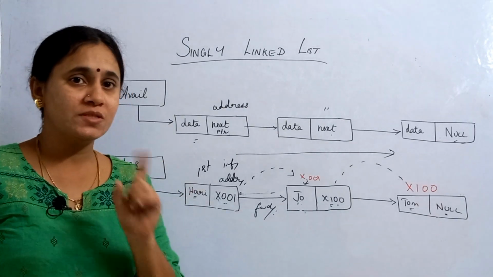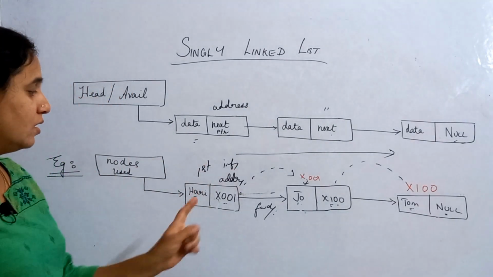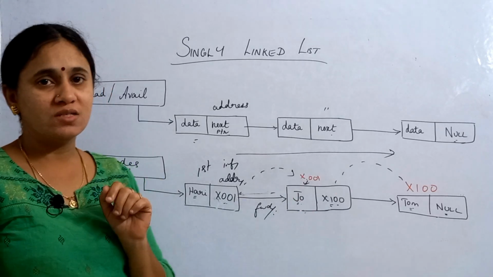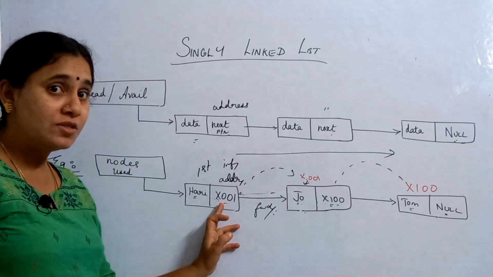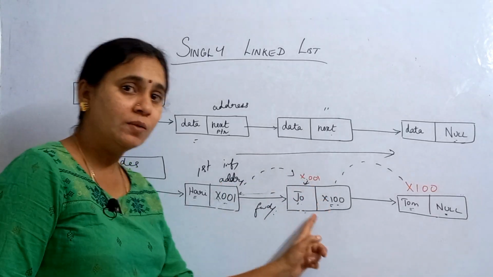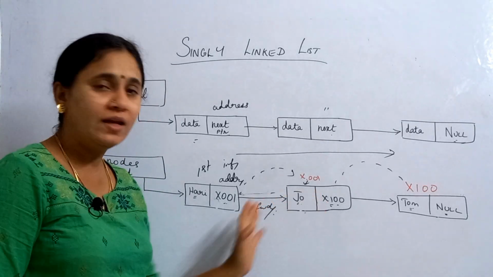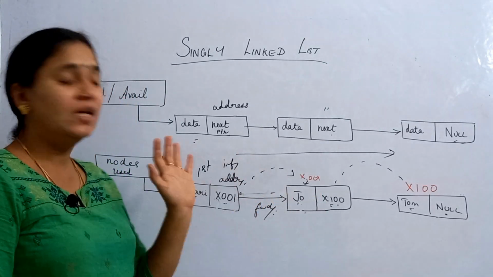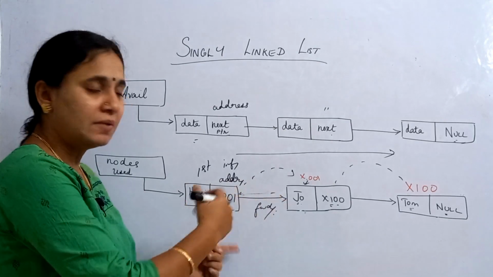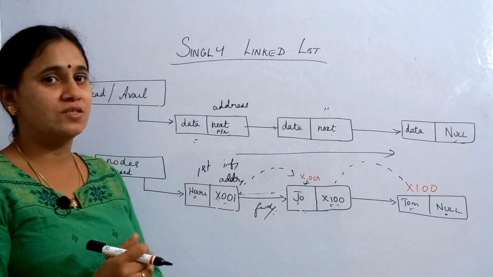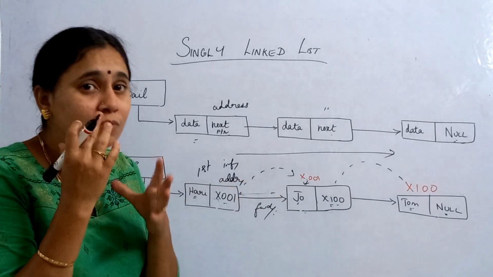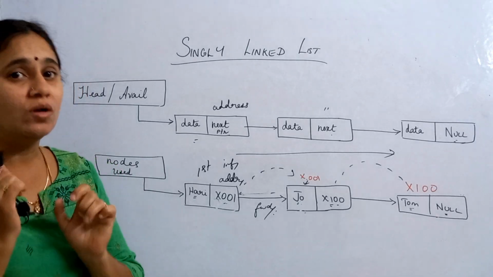Another point what you must notice, see, what is the value of the memory location? See, it is X001. So this is X100. Okay, so is there any similarity, any relationship present between these memory addresses? No, there is no relationship because it is random memory address generation. So what is the meaning?